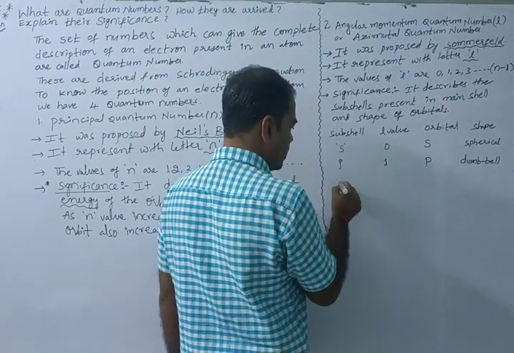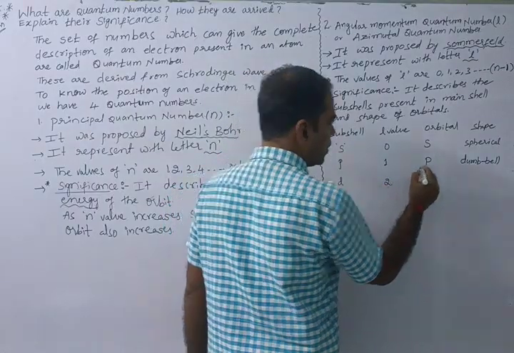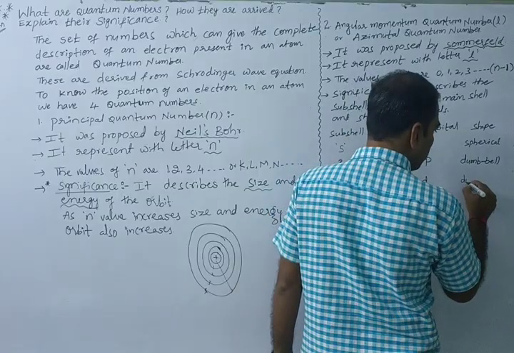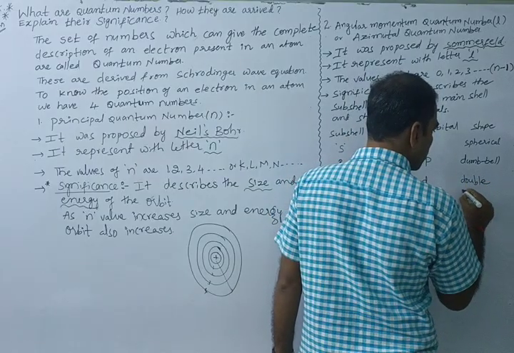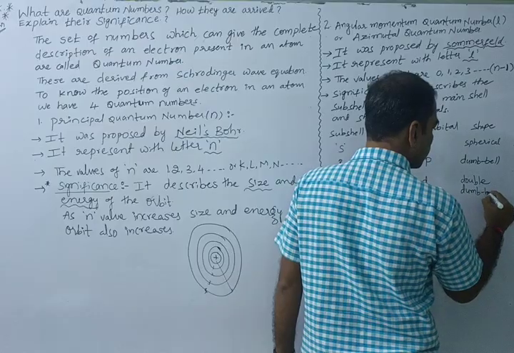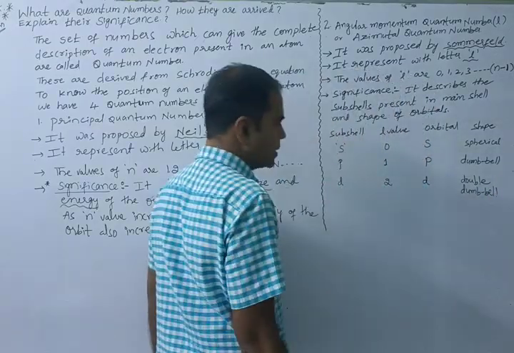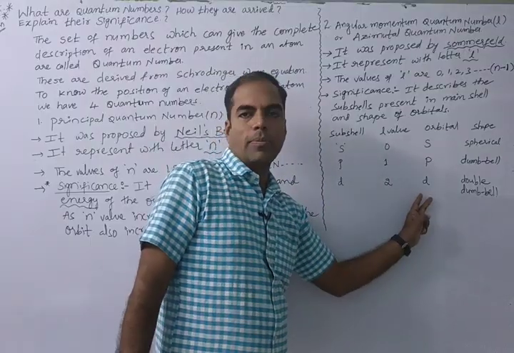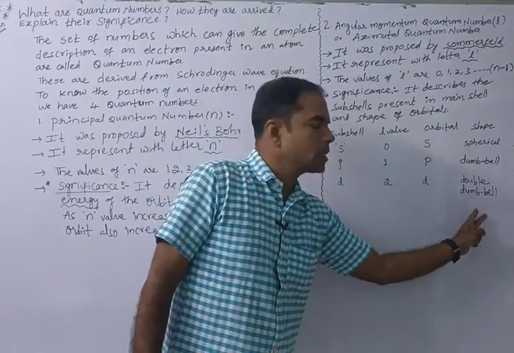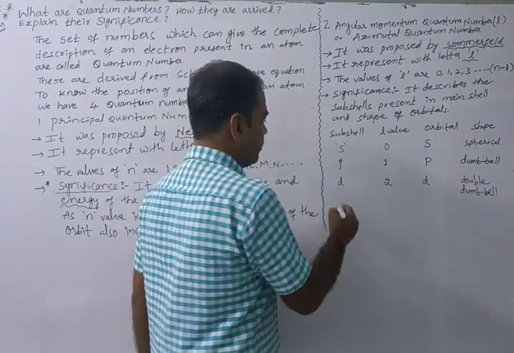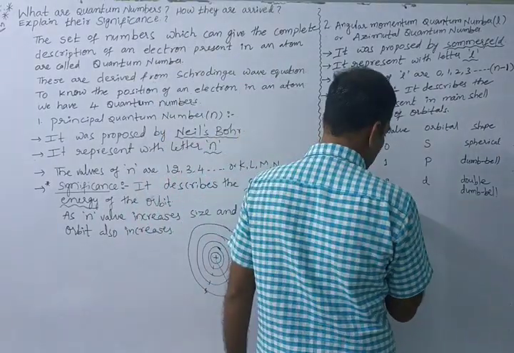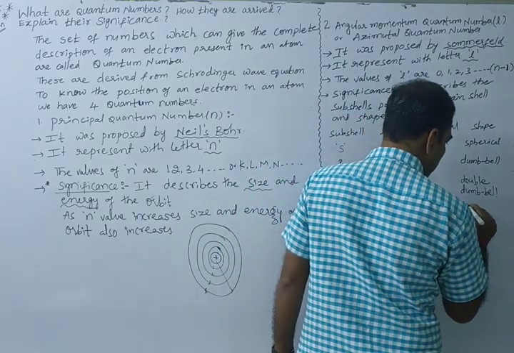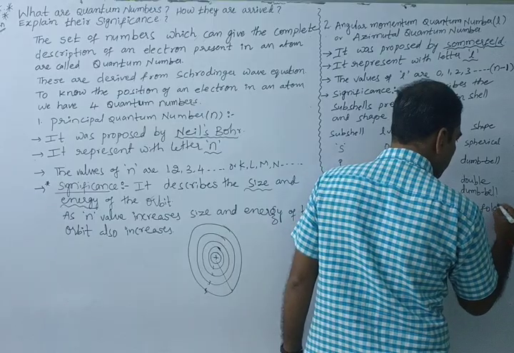For D subshell, l value is 2, orbital is D orbital, shape is double dumbbell. Next, F subshell: l value is 3, F orbital, 4-fold dumbbell.